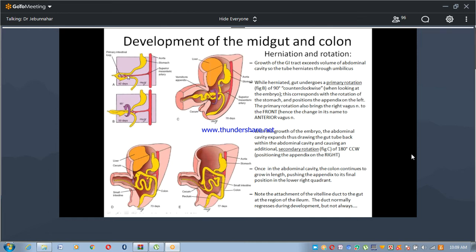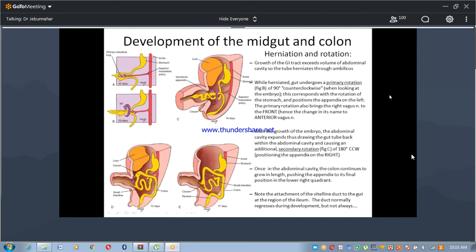When the growth of the GIT exceeds the volume of the abdominal cavity, then part of the GIT herniates through the umbilical orifice.